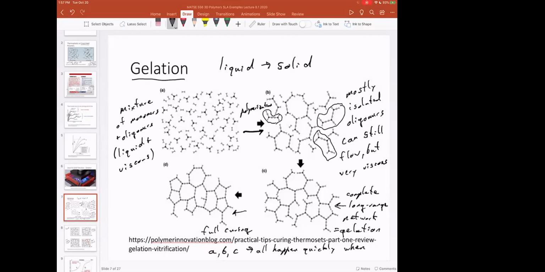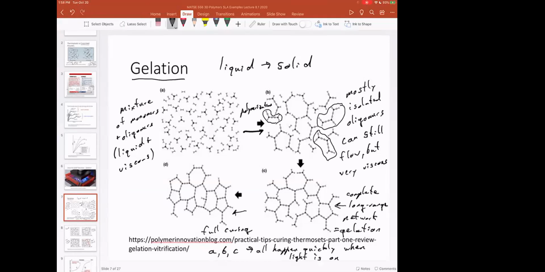So this happens within 50 to 100 milliseconds. So these polymerizations are really fast because you need to get a solid part when you print a layer before you move on to the next layer, or else you can't release the tray, you can't pull up the solid part. And then the last little bit of cross-linking where you get full curing, that can happen later.